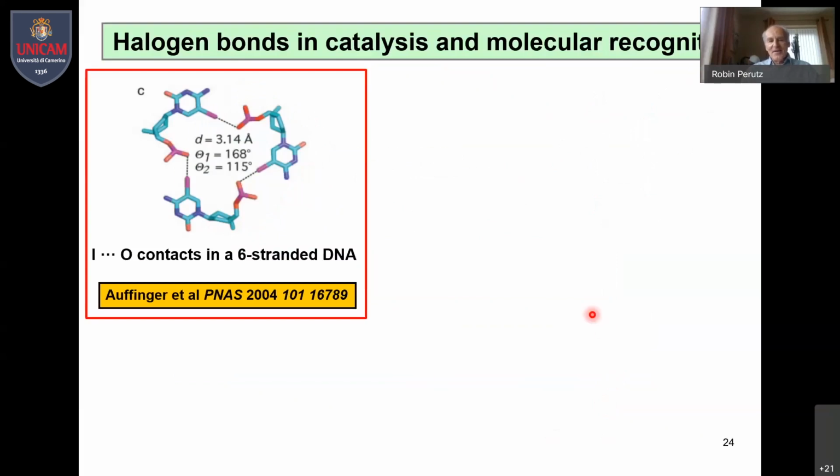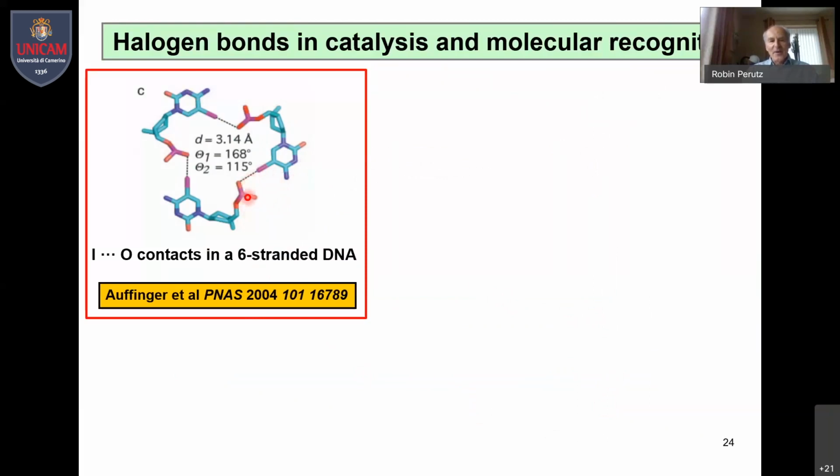So, as some examples of halogen bonds in action, I've got three that don't involve metals. This is a 6-stranded DNA. And here we have a ring in which we have oxygen to iodine contacts.